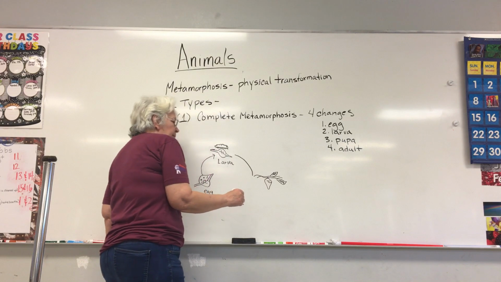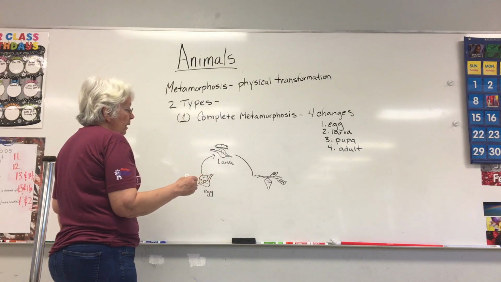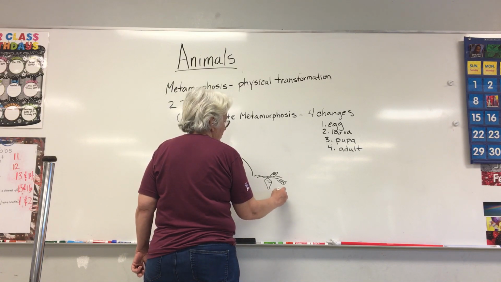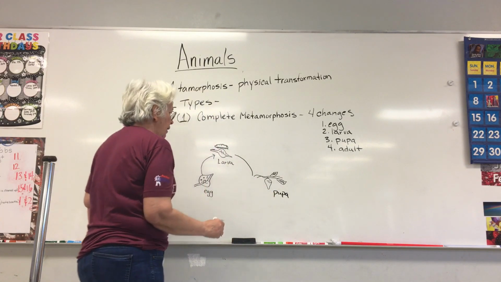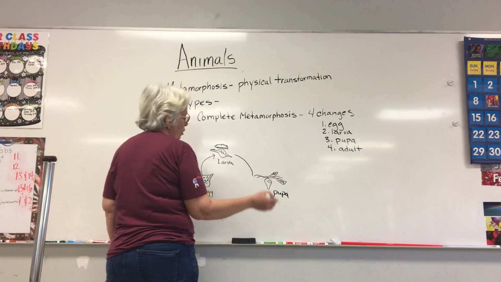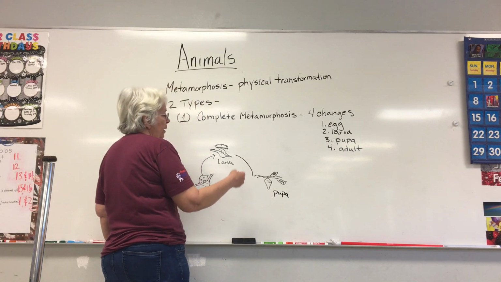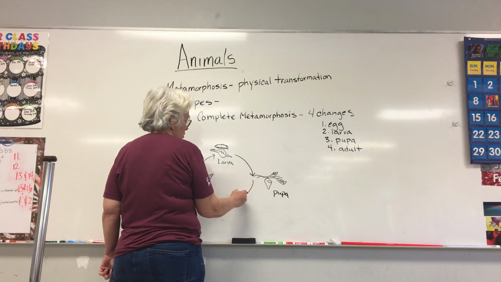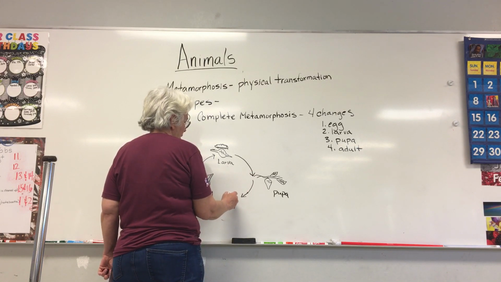And in a butterfly, it's called a chrysalis, but this stage is called the pupa stage, okay, in the butterfly. And then after a certain length of time, he comes out of that into a beautiful adult butterfly.